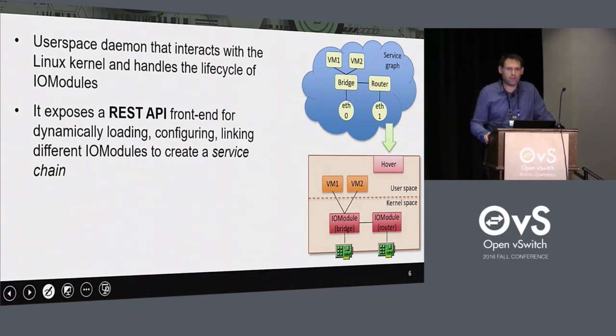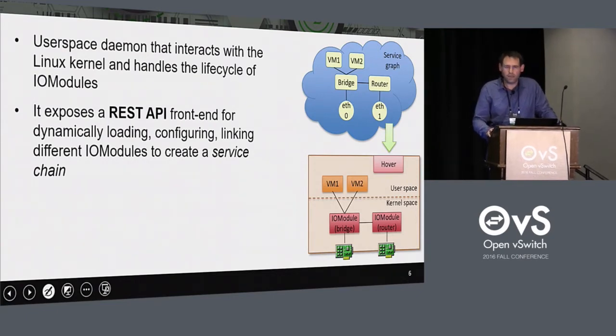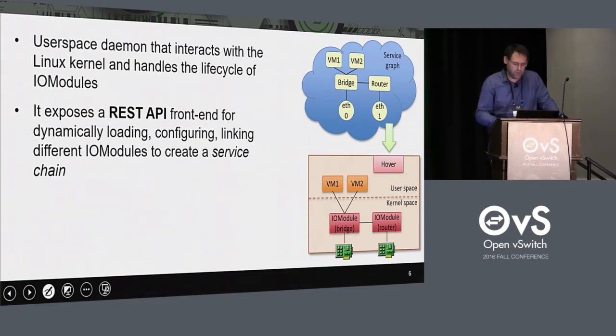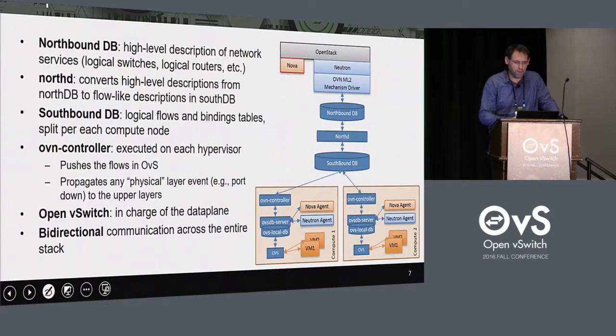In fact, Hoover is a REST server. So I can contact Hoover and say, okay, push this IO module. It takes the IO module, injects it in the kernel, connects the IO module in the proper way, and so on. So it's a high-layer interface that we are using in order to push those modules in the kernel.